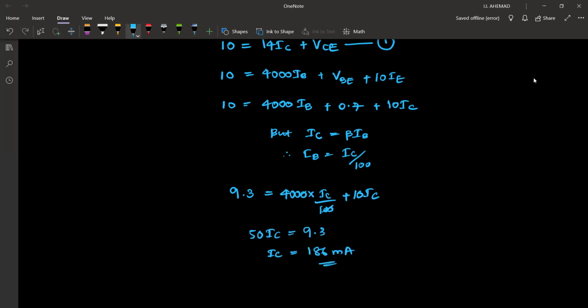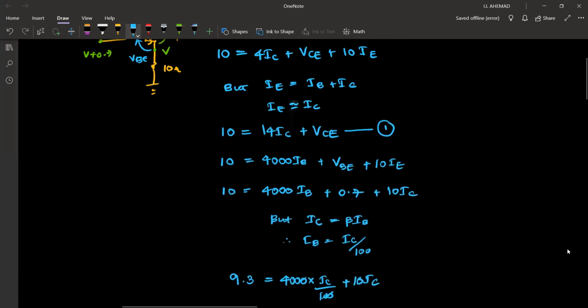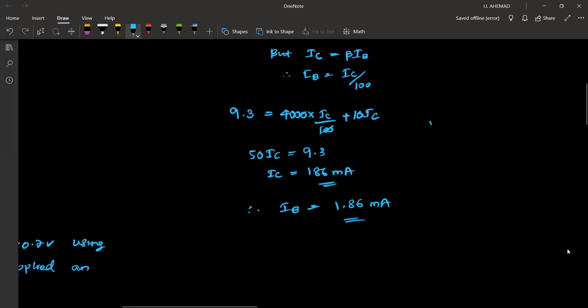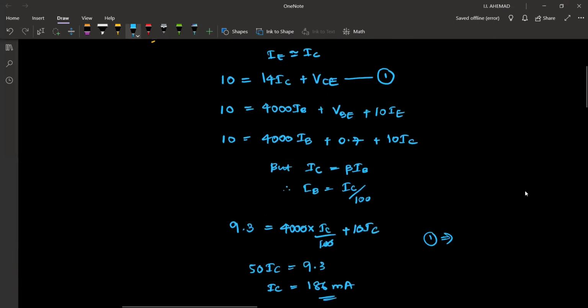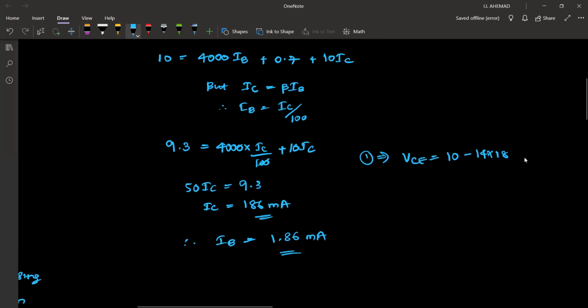From there we can find IB. Therefore IB is equal to 1.86 over 100, that is 0.0186 milliamperes. And now we can find VCE from the first equation. VCE is equal to 10 minus 14 into 186 into 10 to the minus 3.